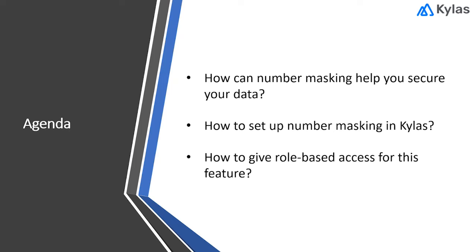As you know, number masking provides a vital layer of privacy and security for your customers. By masking phone numbers, your organization can prevent unauthorized access to the personal information of your contacts, basically, right?